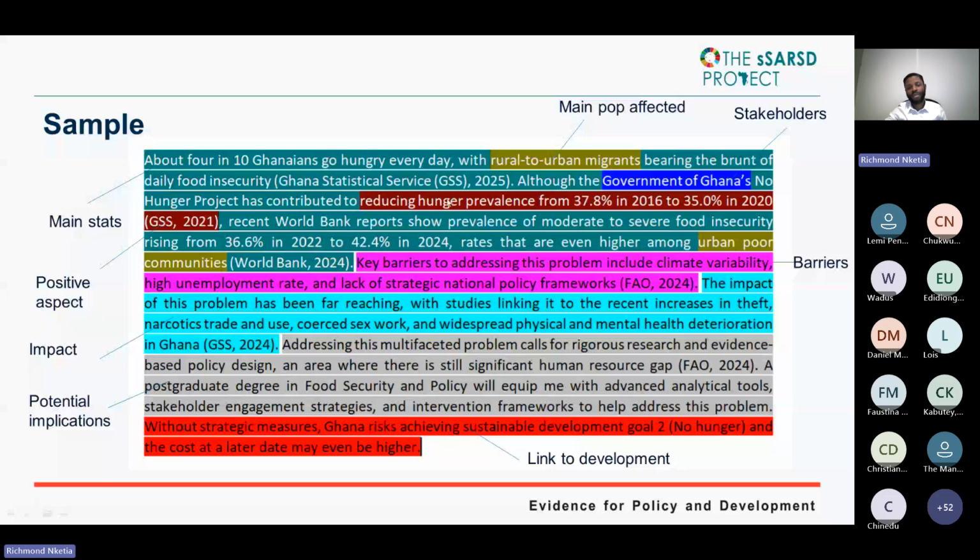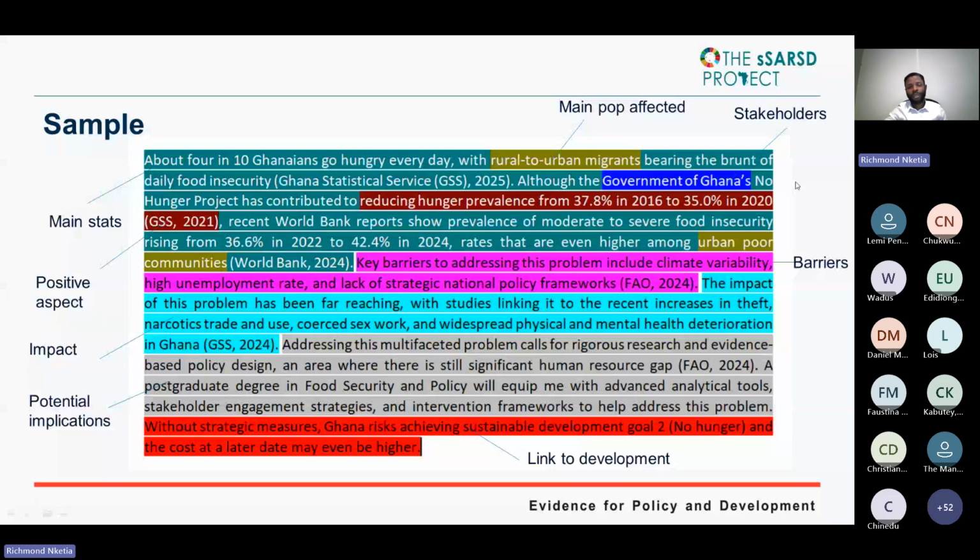So it may not necessarily be from this. So although the government of Ghana has implemented some programs, and one of them is the No Hunger Project, this is also an abstract program. It's not something which is real.